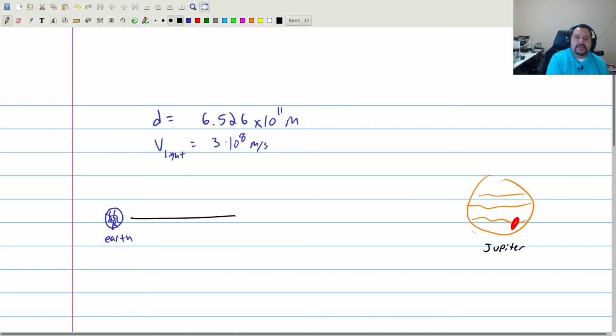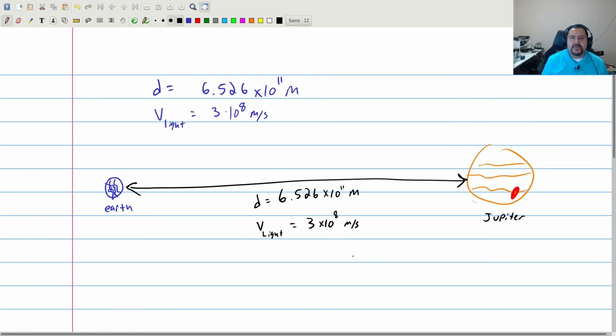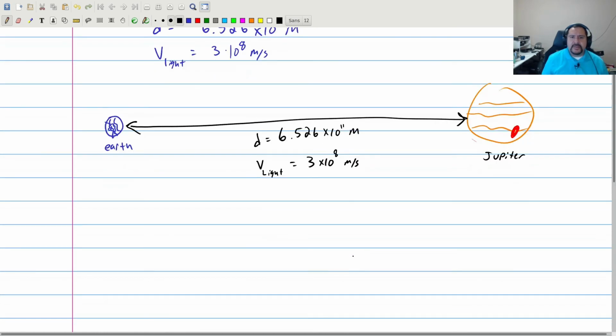And we know that the distance between the two is going to be 6.526 times 10 to the 11th meters. We also know that the speed of light, V for light, is equal to 3 times 10 to the 8 meters per second. It's actually a tiny bit slower than that, but for our purposes, it's close enough that it will work. Okay, so there was my first step.